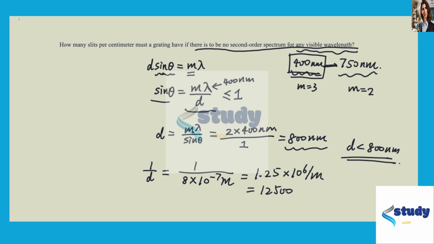So we want 12,500 slits per centimeter, and this is a minimum amount. For any slits denser than that, if we have more slits, that guarantees that we will not be able to see any second-order spectrum for any of the visible wavelengths.